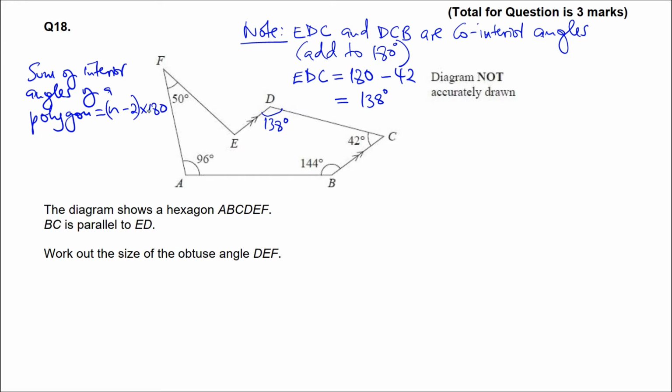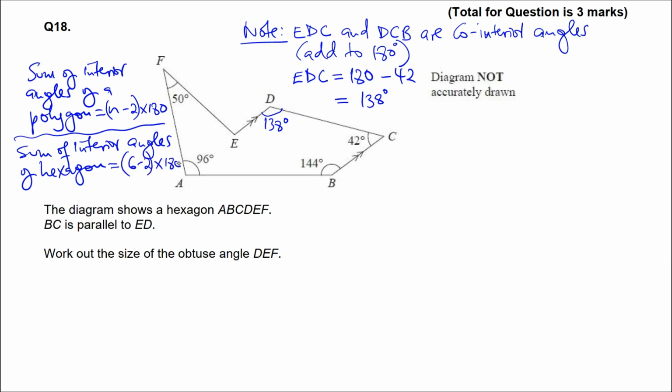So for this hexagon, the sum of interior angles of any hexagon will be given by 6 minus 2 multiplied by 180.